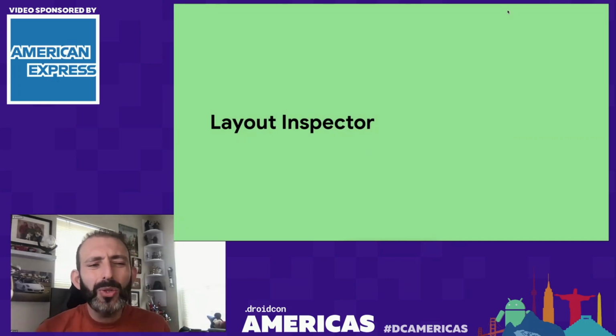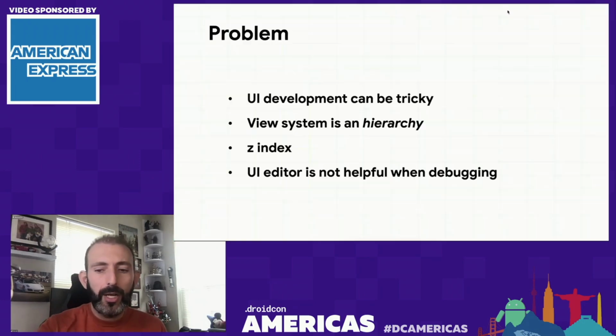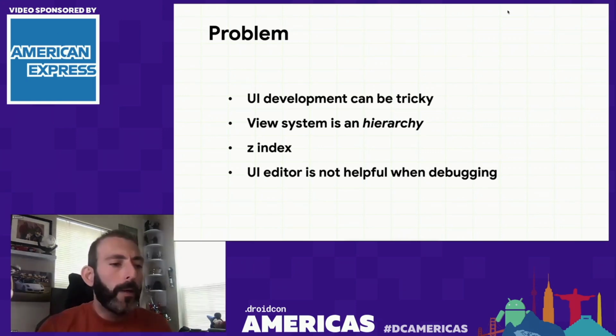Well, designing UI is hard, but debugging UI is even harder. The view system is hierarchical, which means presenting the views in a 2D plane doesn't always help. The z-index of a view can complicate things, and it's not always super easy to find out what might be wrong.